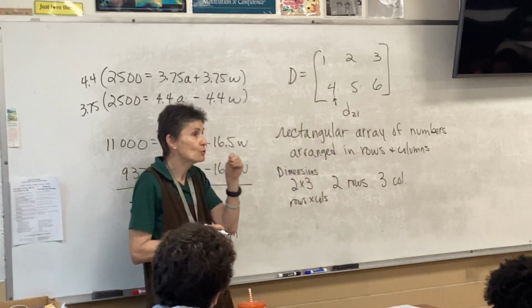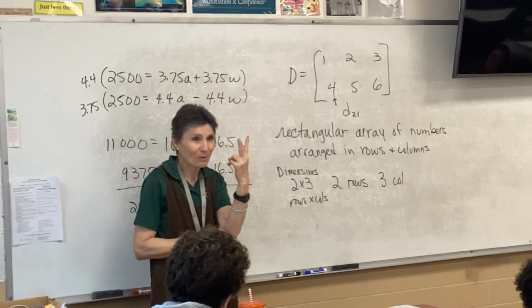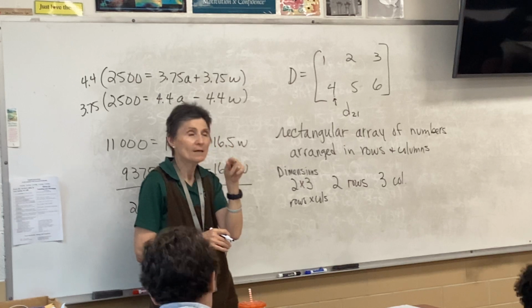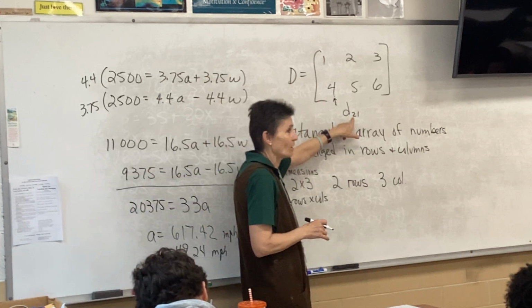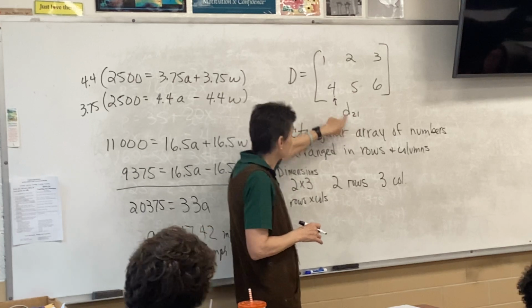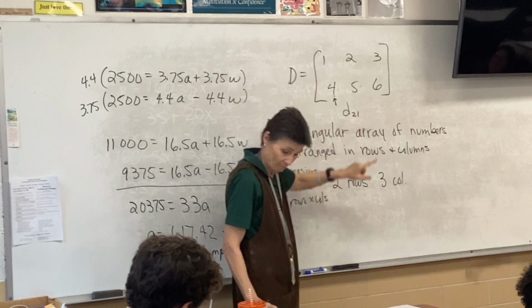Guess what that 2-1 stands for? Second row, first column. Always row, column. So when you put that little subscript on it, that tells you, okay, you're going to matrix D, and you're looking for the number that's in the second row and the first column.